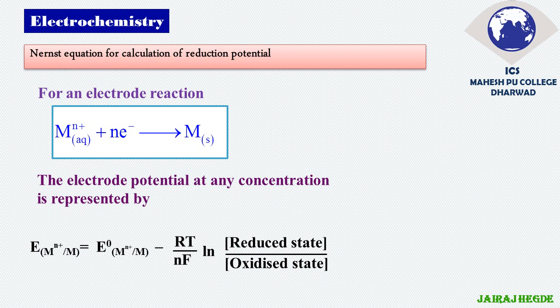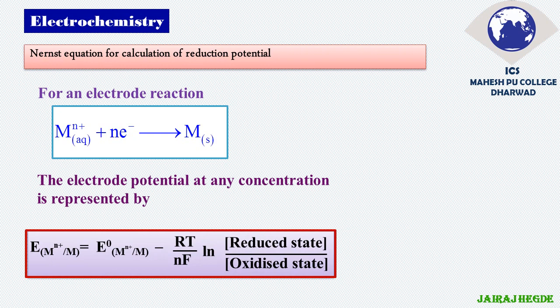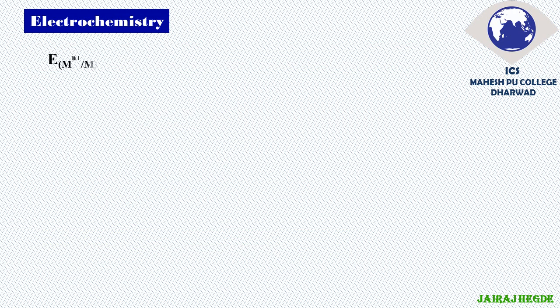It is very simple. E is equal to E naught minus RT by nF ln of reduced state by oxidized state. We have another way of representing it: E is equal to E naught minus 2.303 RT by nF.